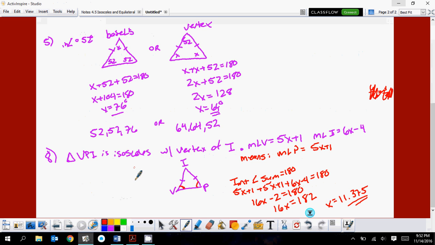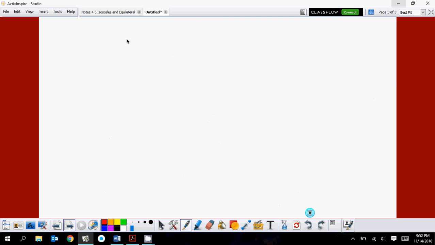So, let me get a new slide out here. If I have a triangle, I know that if I add up the three interior angles, they have a sum of 180 degrees.